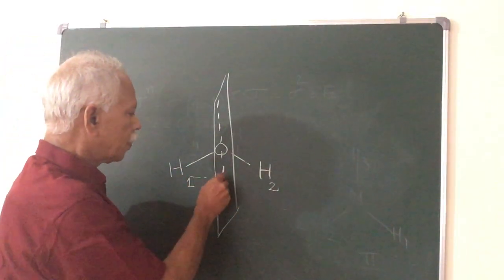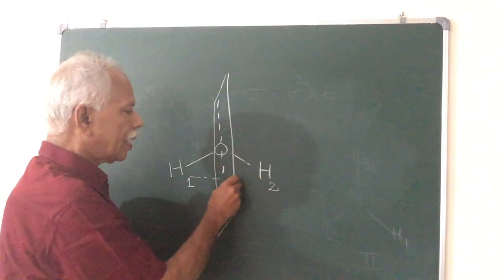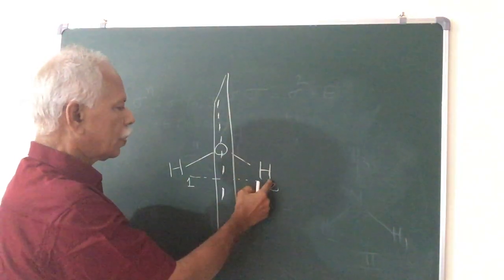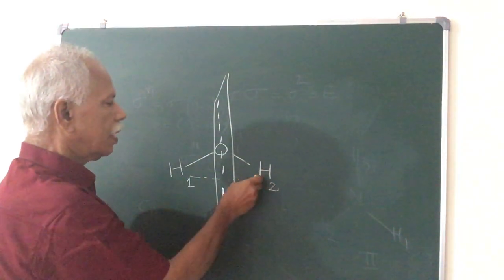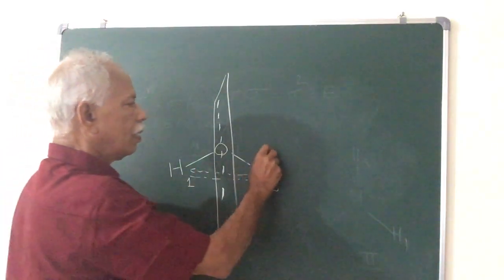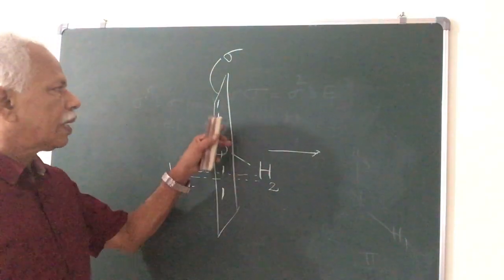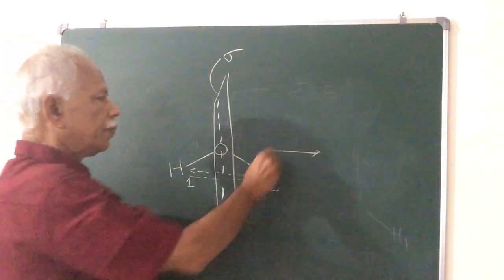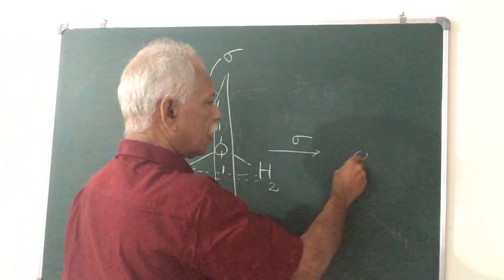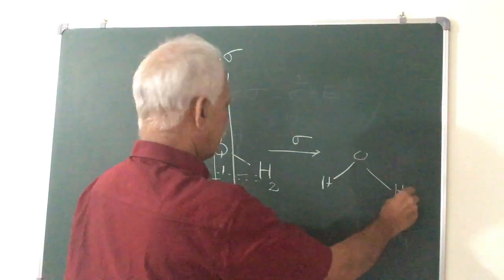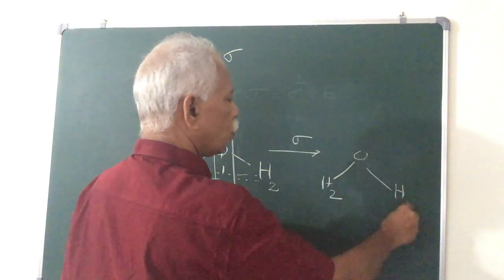This H1, draw a line perpendicular to it, extend it an equal distance, put the H1 on the right side. Similarly, H2 gets shifted to the left side. So after this reflecting plane of symmetry, which is sigma, we get the appearance of the molecule as H2 here, H1 here.